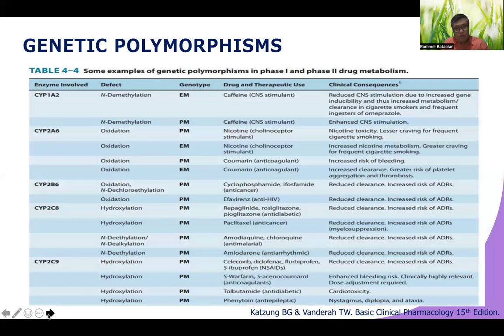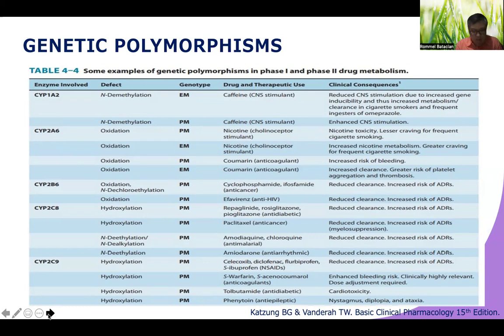So as I mentioned, there are genetic alterations or polymorphisms. Polymorphisms are variations in the DNA sequences that occur naturally within a population. This variation can lead to differences in the structure and function of the proteins. So going back to what I mentioned earlier, cytochrome P450 enzymes have multiple genetic polymorphisms that can happen. So what is its effect?